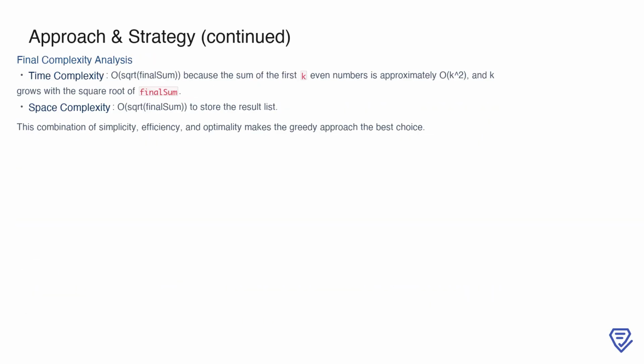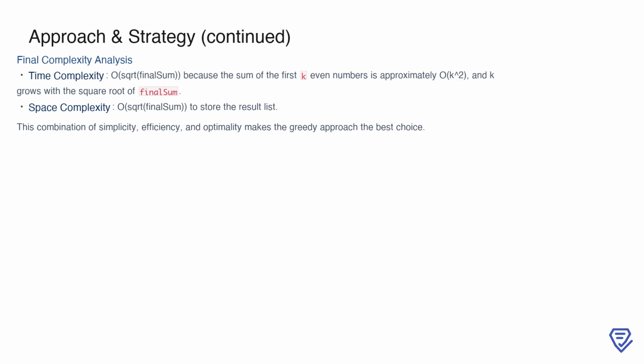Finally, let's analyze the complexity of the greedy approach. The time complexity is O(sqrt(final sum)), because the sum of the first k even numbers grows approximately with O(k squared), and k scales with the square root of final sum. Essentially, the number of terms added is proportional to the square root of final sum, making this method highly efficient for large inputs.